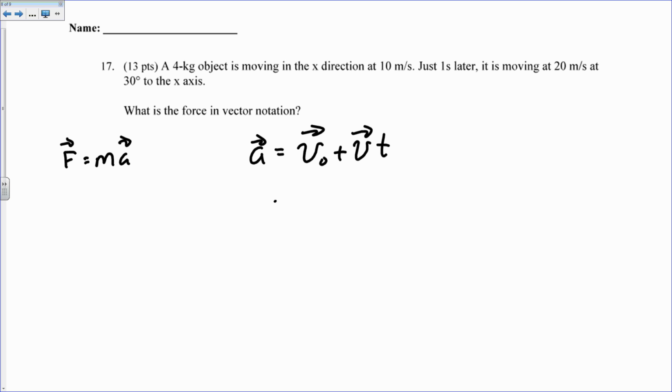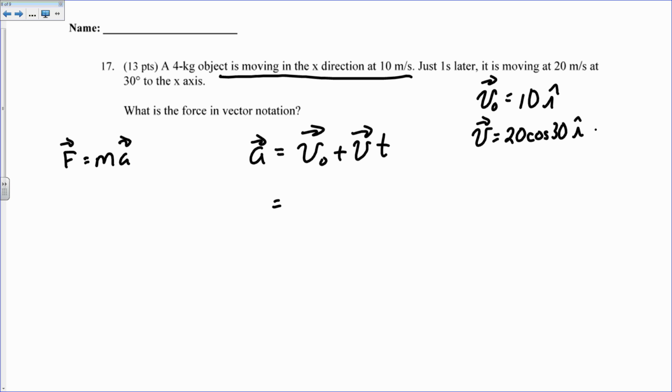Right, so I have these values. v naught is equal to 10i, because it's given right here. And then v is equal to 20 cosine 30 in the i direction, plus 20 sine 30 in the j direction. Let's see, those equal 17i plus 10j.